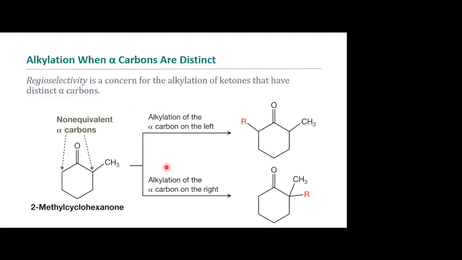And so the alkylation on the left will give you this product. The alkylation on the right side would give you this one. Okay? And what's going to determine which one's your major product is that regioselectivity we had been talking about in previous chapters for these reactions.